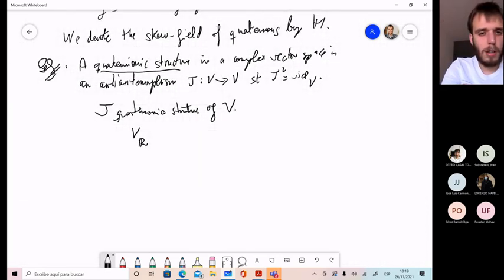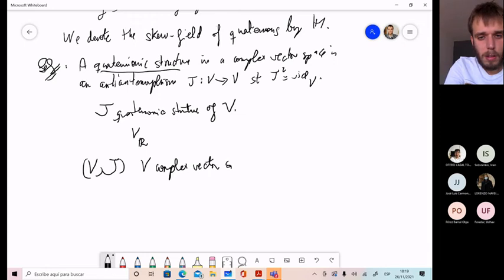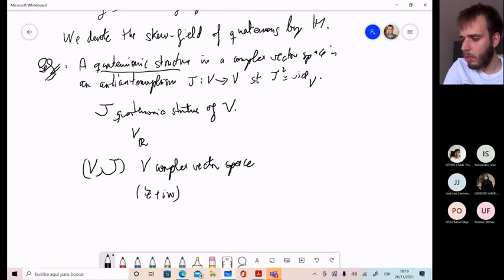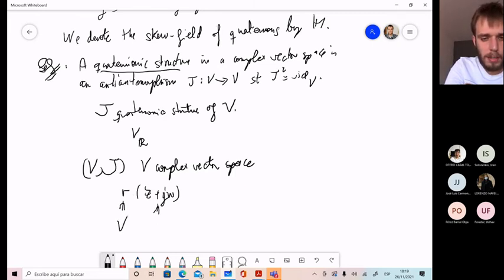And how do you do this? If you have a complex vector space equipped with a quaternionic structure, you are going to define a multiplication on the right, okay? So I take here z plus jw, and I have here an element v in V. This is an element of the quaternions, right?